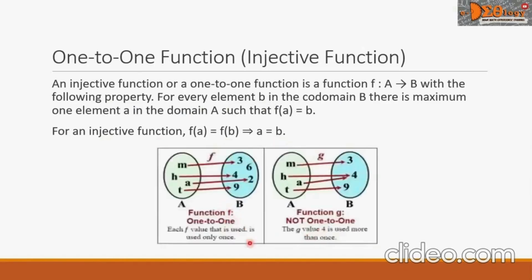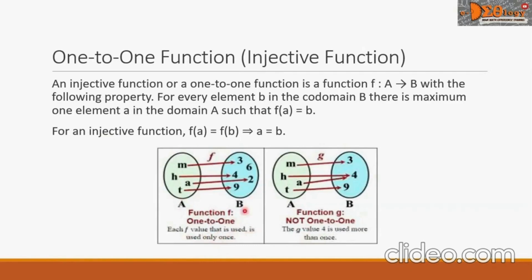I have here two functions. Let's see function f. This is group A and this is group B. This function is one-to-one because each f value is used only once.